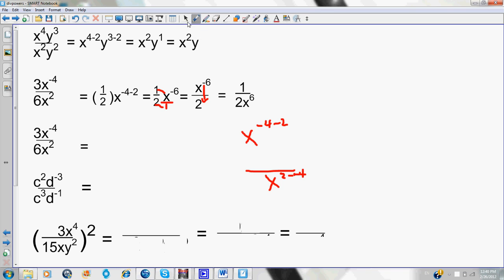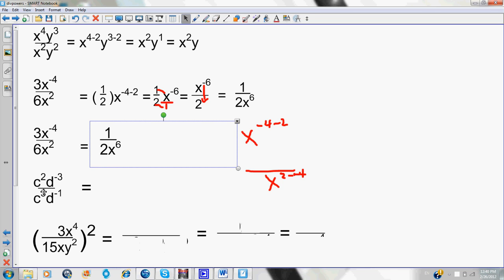Okay? So that gives us 1 over 2, which is what we got up here. And then we'll go 2 minus a minus 4. Remember that minus minus becomes a plus, so we're going to have 2 plus 4, which is 6. So that gives us 1 over 2x to the 6th. So it saves us a step if we do it that way. Okay?